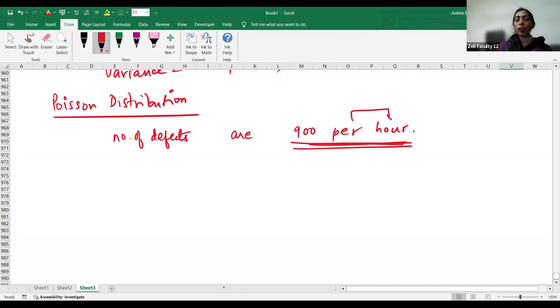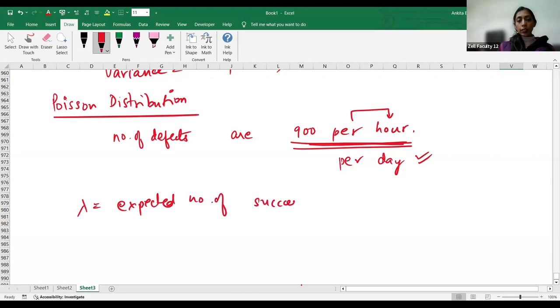When I talk about per hour, or any per thing like per day, per minute, then I have a parameter which is known as lambda. So lambda is referring to the expected number of successes per unit. That is lambda.